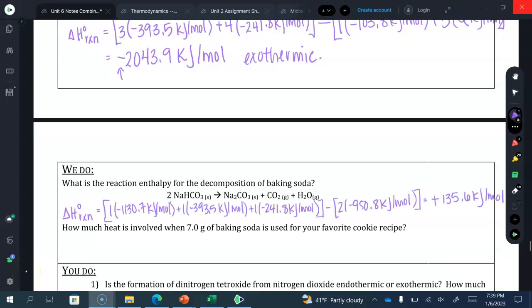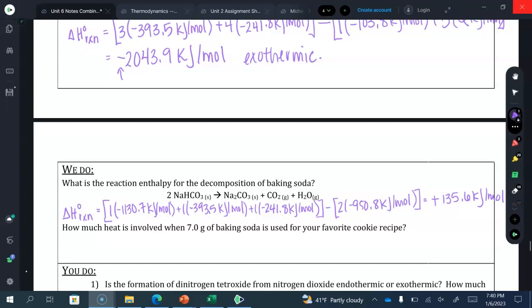So you should have looked up the data and seen that sodium carbonate, Na2CO3, has an enthalpy of negative 1130.7, and then you're going to combine that with the enthalpy of carbon dioxide and the enthalpy of water gas. And combining those terms, that's your products, and then you're going to subtract 2 times the enthalpy of formation of the sodium bicarbonate or baking soda.